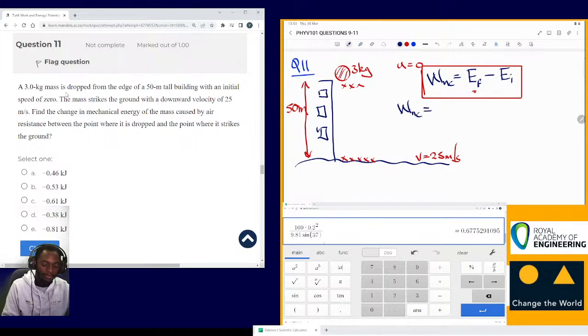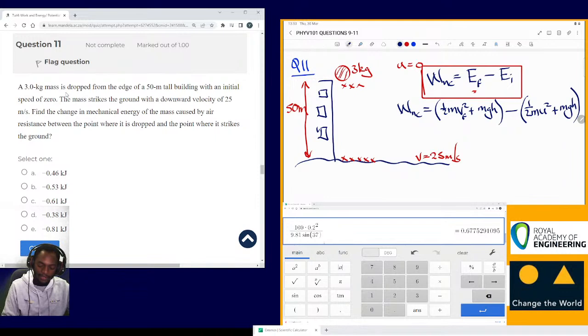Our final will have our kinetic energy, which is half m v final squared, plus our potential energy, which is m g h, for our final, minus the initial, which is half m u squared plus m g h.